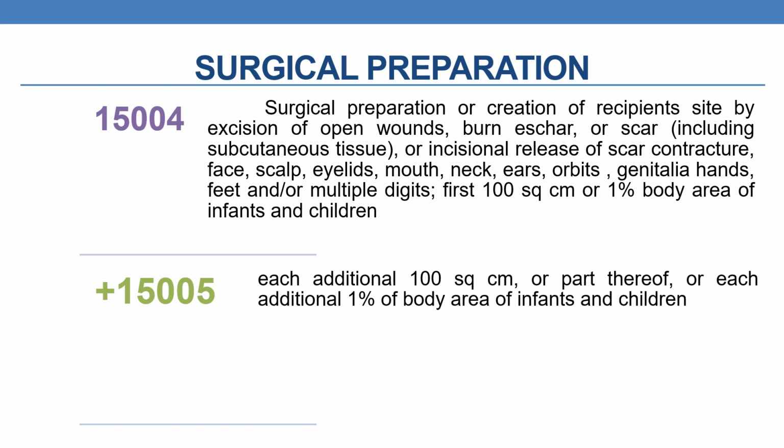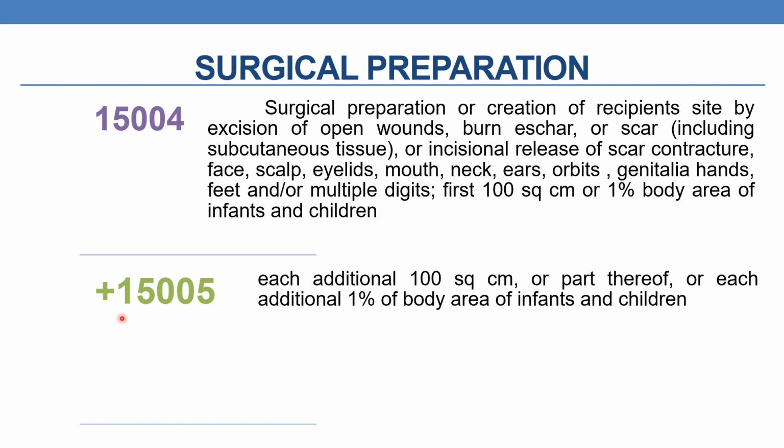Now coming to the next code, 15004. That is nothing but surgical preparation or creation of recipient site by excision of open wounds, burn, eschar or scar, including the subcutaneous tissue, or incisional release of scar contracture for face, scalp, eyelids, mouth, neck, ears, orbits, genitalia, hands, feet and or multiple digits, for first 100 square centimeters or 1% of body area of infants and children.